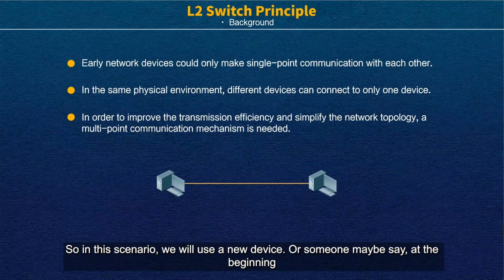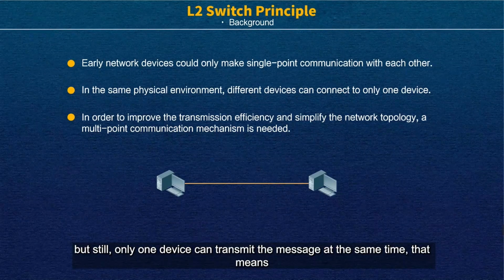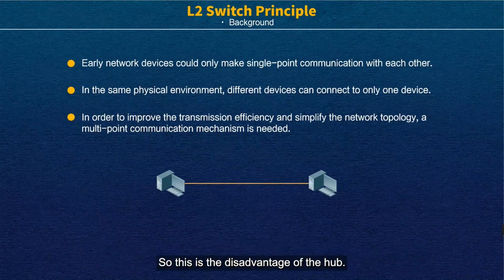So in this scenario, we will use new devices. Someone may say that at the beginning we used a hub, right? But the hub only provides multiple interfaces, and all the devices still have to transmit one at a time. That means if you have three computers and one is transmitting a message, the others have to wait. This is the disadvantage of the hub.